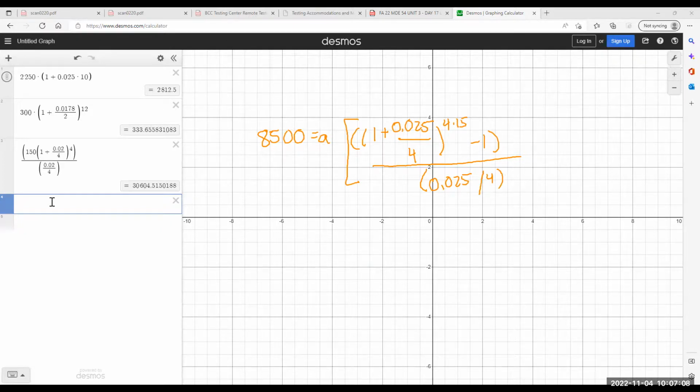And then I'm going to come over here and solve it. So I'm going to do that piece over there first. 1 plus 0.025 divided by 4 raised to the 60th.